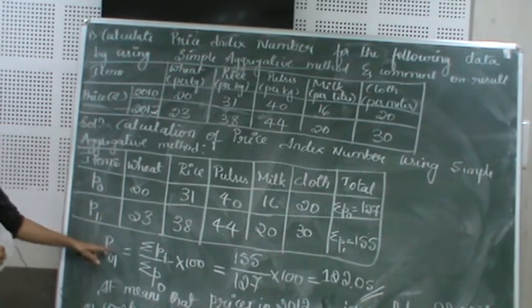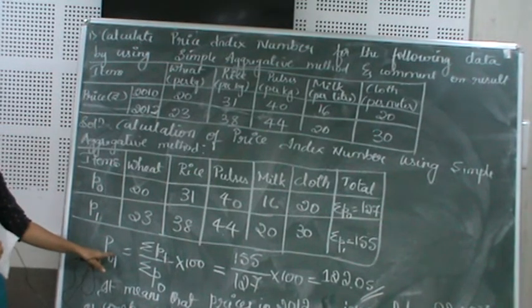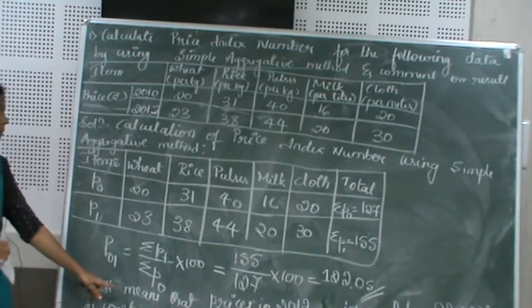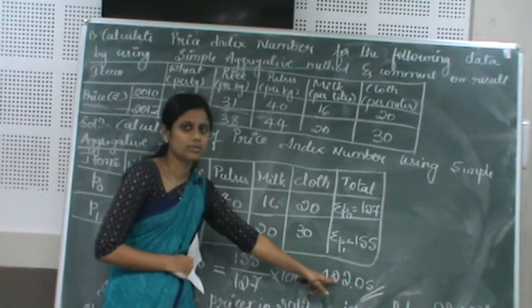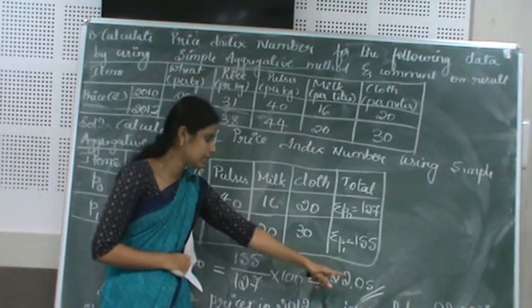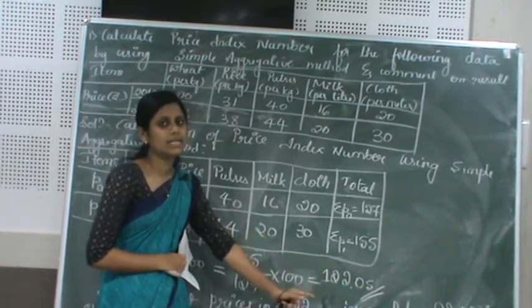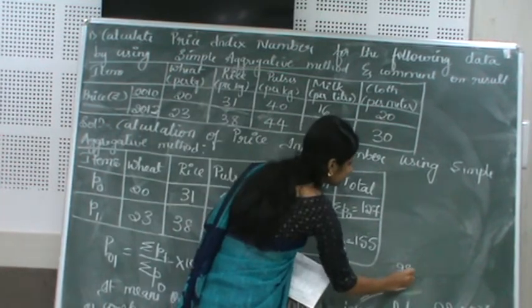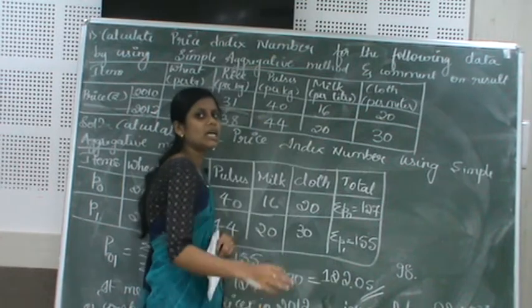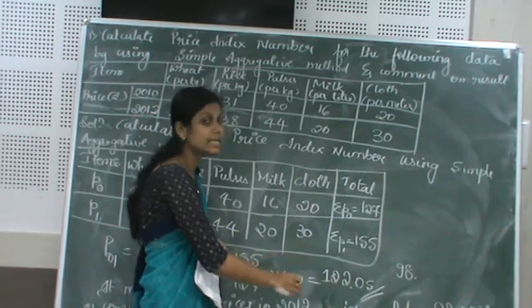First of all, you have calculated the price index number under simple aggregative method. Then you have to comment. If it is more than 100, you write the extra amount after 100 in percentage. But if it is less than 100, then what are you going to do? Suppose the answer is 98, then you have to state that there is a decrease in the prices.